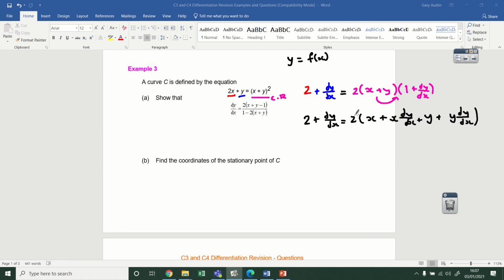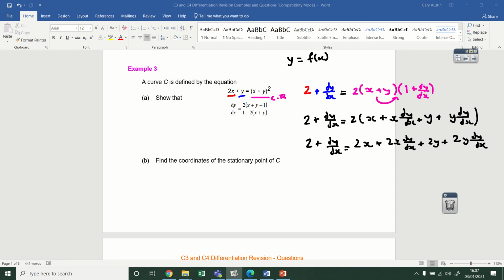Okay, now I'm going to expand out the 2 and start to collect things together. So 2 plus dy by dx is 2x plus 2x dy by dx plus 2y plus finally 2y dy by dx. Okay, so now everything's expanded out.